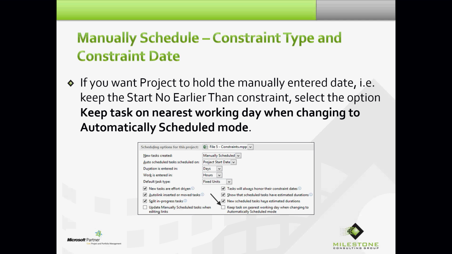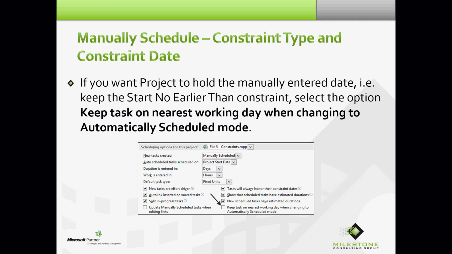Well, if you want Project to hold that manually entered date, that is, keep the start no earlier than constraint, then you need to go File, Backstage to Options, and go to the Schedule page, and scroll down to the Scheduling Options for this project section and select an option that got added in Project 2010 called Keep Task on Nearest Working Day when changing to automatically scheduled mode.